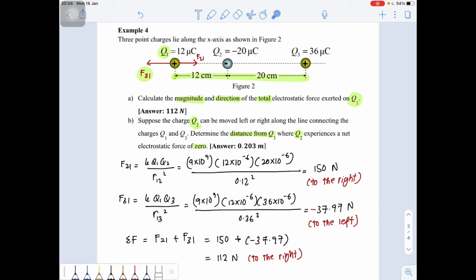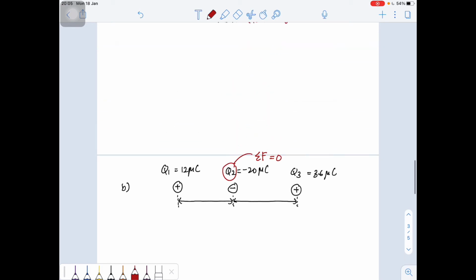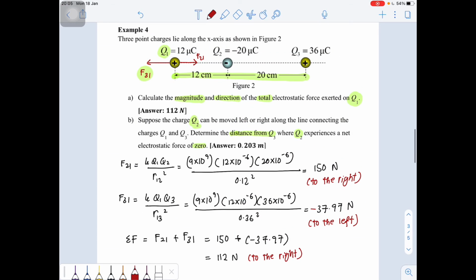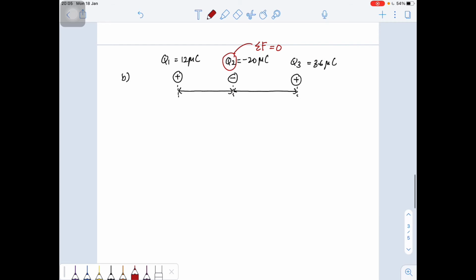Let me redraw that first. Now that I redraw the diagram, what we want is Q2 to experience total force equal to zero, and the question asks for the distance from Q3, meaning the distance from Q2 to Q3.